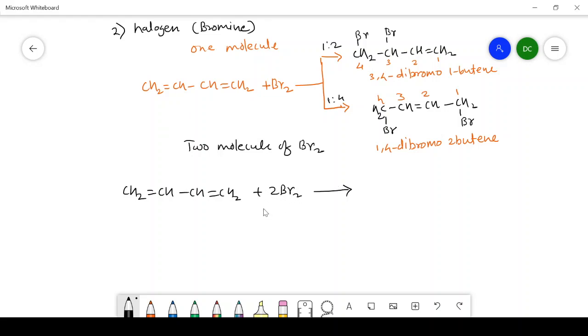It indicates there are 4 Br and the 4 Br are going to add with 2 double bonds, that is they are going to attach with 4 carbons, and finally we get CH2, single bond CH, here CH, CH2, and all the carbons possess 1 Br atom each. In this way, with two molecules of Br2 we get a tetrabromobutane.